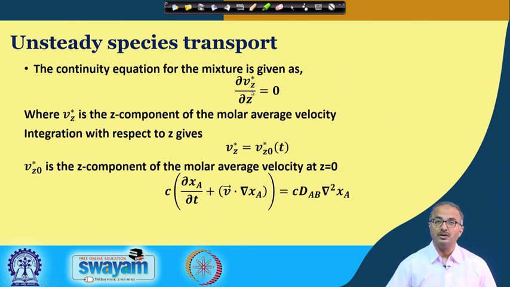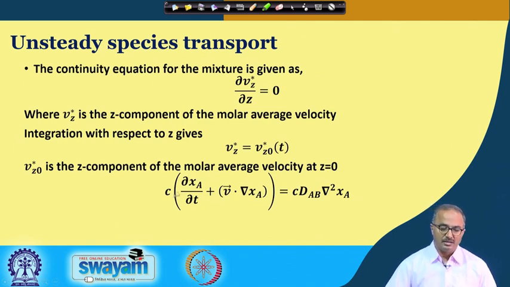So this is the overall mass balance, and for the species balance, again we take the inertial term and the diffusion term, and there is no reaction between A and B. That is why we write dou x by dou t equal to this.